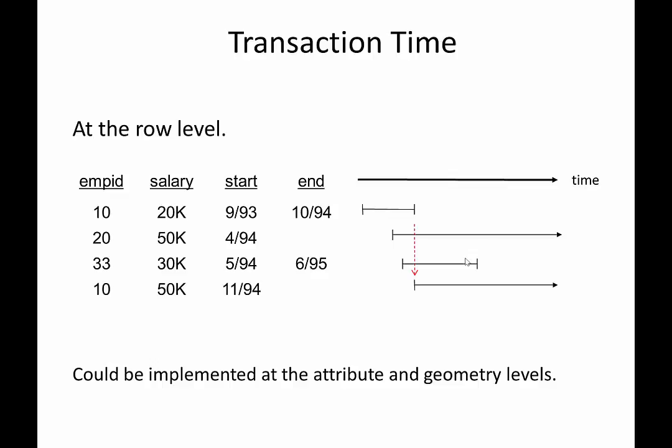So this is our transaction time scale. So this record was put in on this date. That time may not exactly be that start time. Maybe the record was put in the month before, because you're offered a job, and then you've got a month or 3 months before you take up the job. So the employee record may have existed in the database from a period before the actual start of the employment.